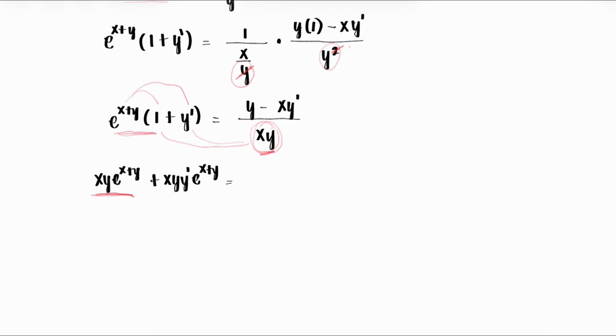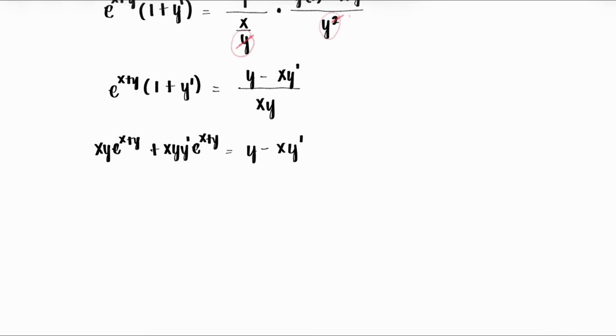And then xy e to the power of x plus y and then y prime. We just distributed it. And then on the other side, what's left now is cross multiplication, or multiplying both sides by xy. So what's left on the right side is y minus xy prime.